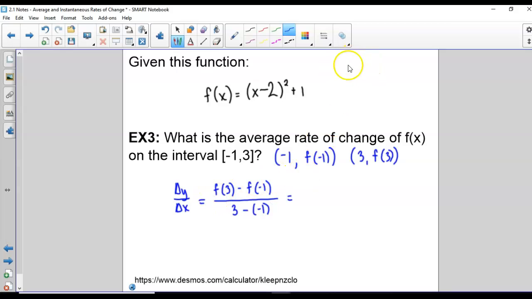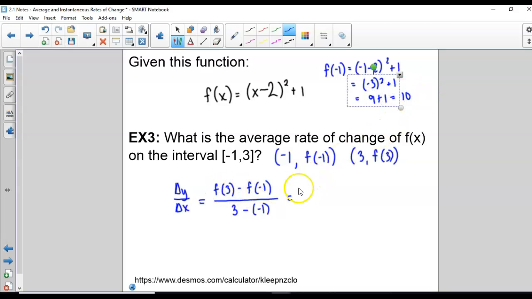So f of negative 1 would be negative 1 minus 2 squared plus 1, which would give us negative 3 squared plus 1, which is going to be 9 plus 1, which is 10.